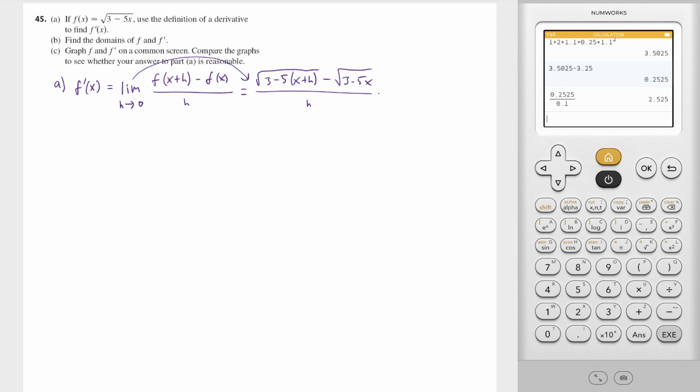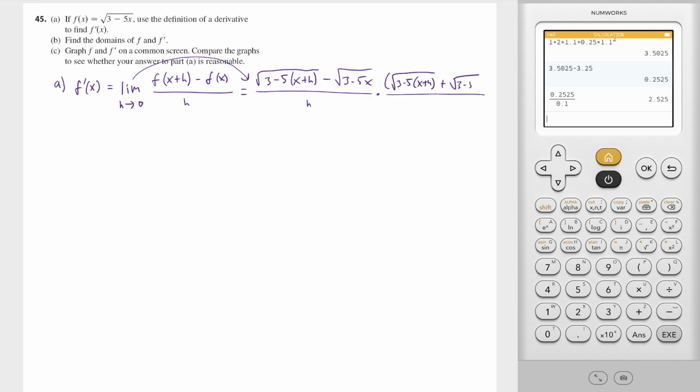Now, in order to make any progress here, the tool that comes to mind is multiplying by the conjugate, top and bottom. So let's multiply top and bottom by the square root of 3 minus 5 times x plus h, plus the square root of 3 minus 5x, because it's the conjugate.